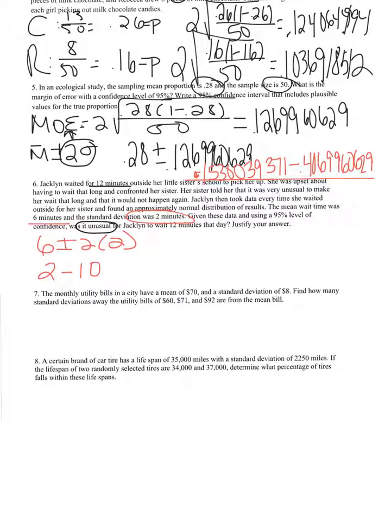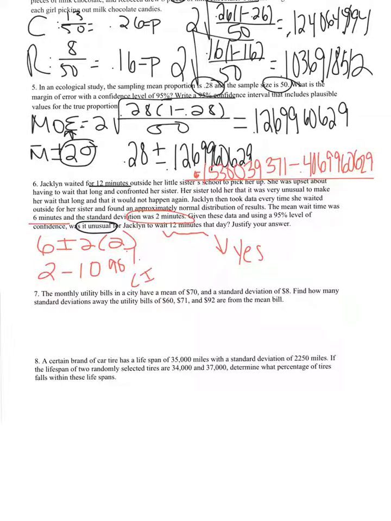Anywhere between 2 minutes and 10 minutes is usual for how long she's waiting outside for her sister. So because this 12 minutes that day is not within this 95% confidence interval, was it unusual? The answer to this would be yes.